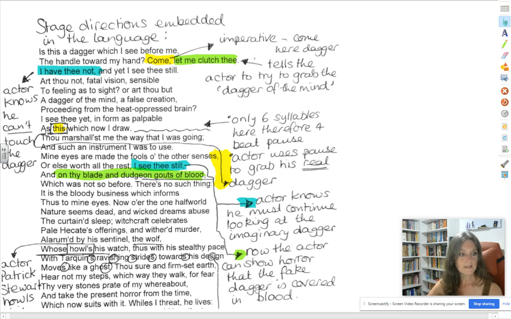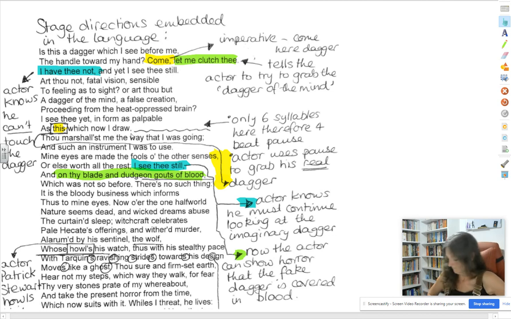So you've only got 6 syllables there. So what happens for the next 4 syllables? Nothing. The actor has got to wait out the beat. "As this which now I draw," do dum, do dum. It gives him about a second or a second and a half to act on this stage direction.